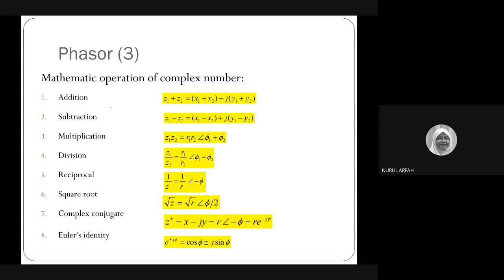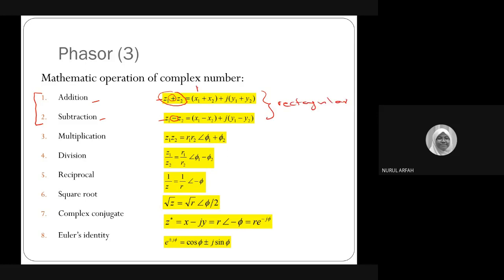Okay, now if you look at here, we have addition and subtraction, and these are in what we call rectangular form, right? This is addition because we have plus, and this is subtraction because of minus. For addition and subtraction, it is better to solve in rectangular form.